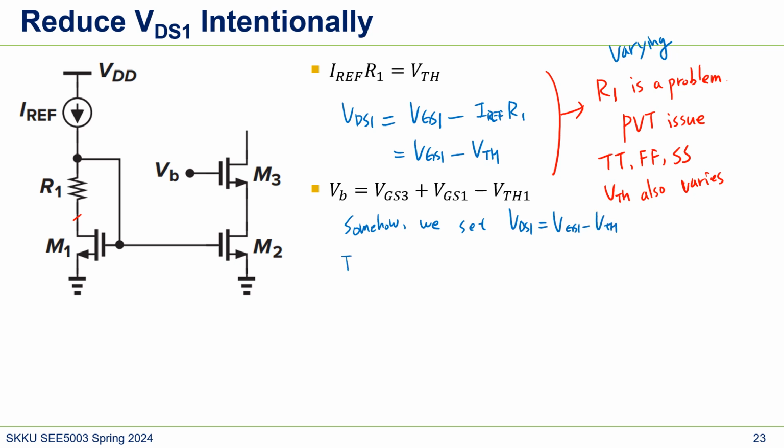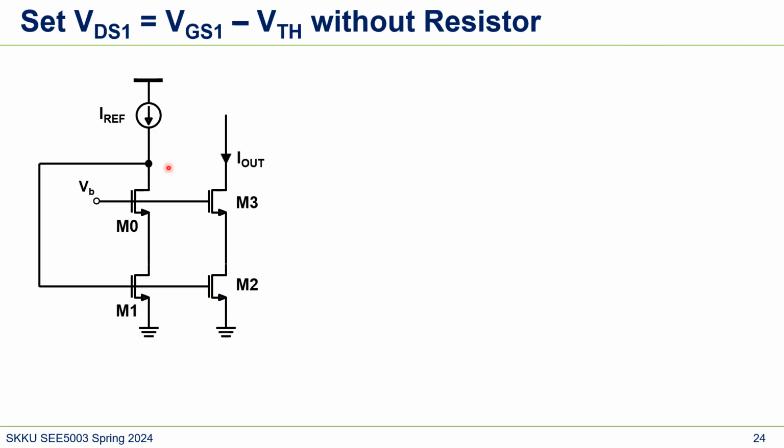Then we need VB equal to VGS3. So how do we make this? The first issue was to set VDS1 equal to VGS1 minus VTH, right? And since the resistor has some PVT issue, we try not to use a resistor.